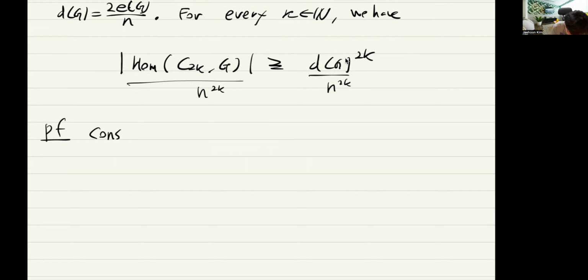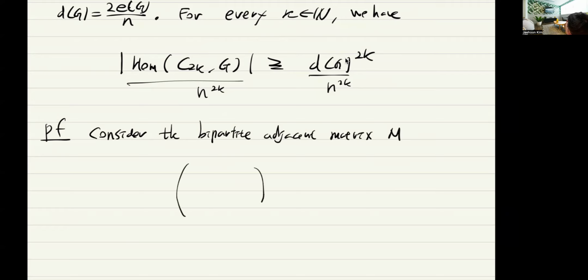What we do, we consider the following graph. The bipartite adjacency matrix M, where this is indexed by A and B, and this is either 0 or 1.